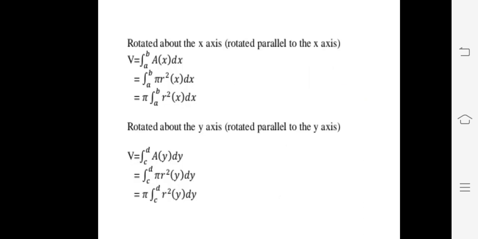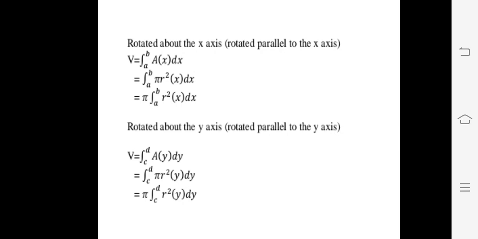So in the shell method, if our graph is rotated about the x-axis, the formula we use is volume is equal to the integral from a to b of A(x) dx, where A(x) is pi r squared.